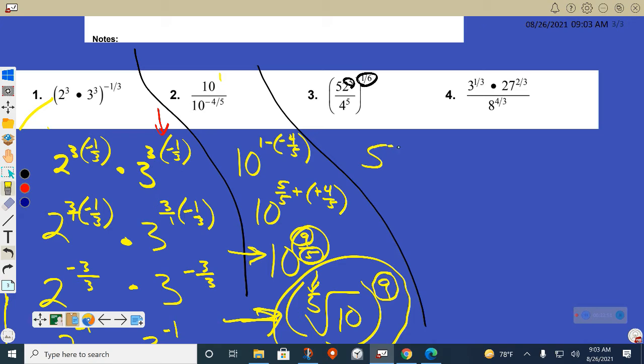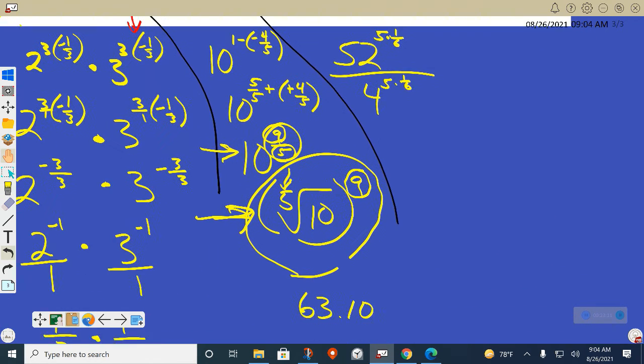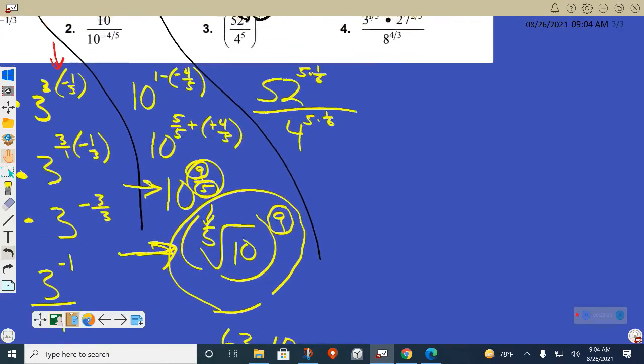So 52 to the 5 times 1/6 power, divided by 4 to the 5 times 1/6 power. I'll stop there.